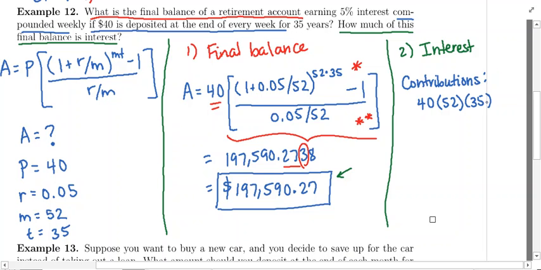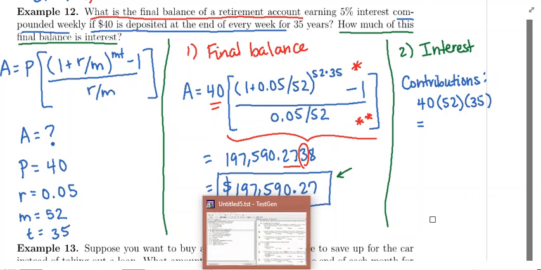So the total amount put into the retirement account is $40 a week, 52 weeks a year, 35 years total. If we multiply these three numbers together, that's going to give the total amount contributed to the account. So let's go figure that out.